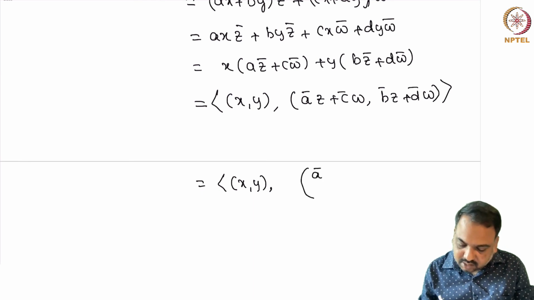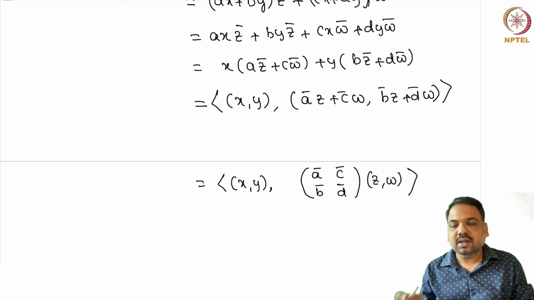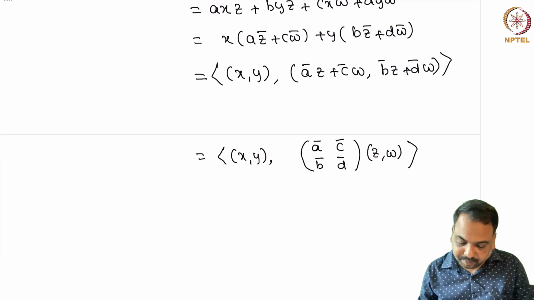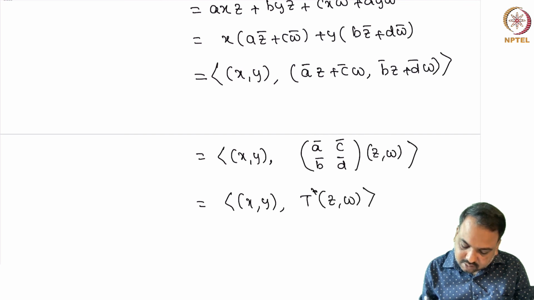This is [a bar, c bar; b bar, d bar] times (z, w). Of course we can represent (z, w) as the column matrix. So this is nothing but the inner product of (x, y) with T star of (z, w).